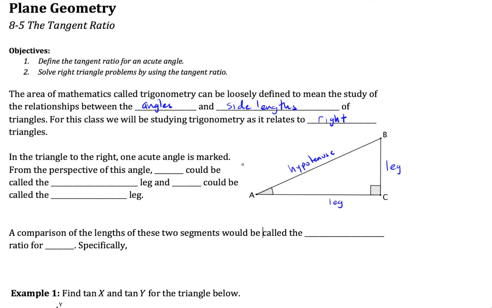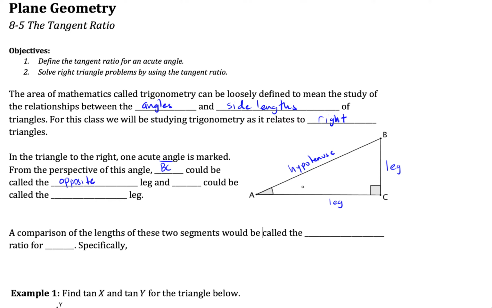But for the purposes of the tangent ratio, we need to get a little more specific than just calling them leg and hypotenuse. We need some more specific names. From the perspective of the marked angle, angle A, this segment BC, rather than just calling it one of the legs, we are going to call the opposite leg.